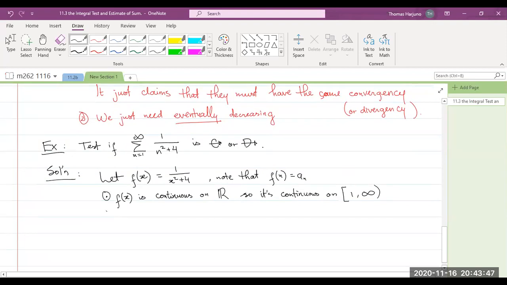I check the condition. Second, f(x) is greater than 0, because x squared plus 4 is strictly positive, so the reciprocal must be strictly positive also.